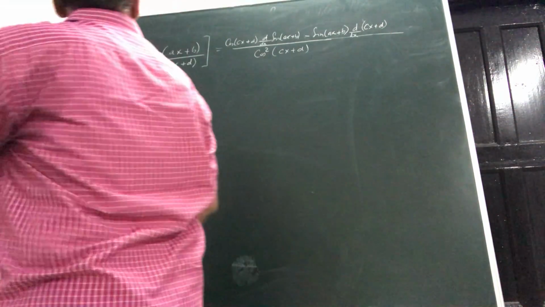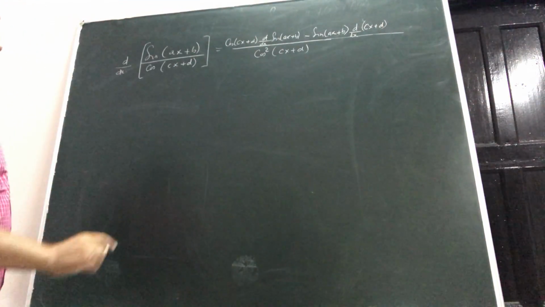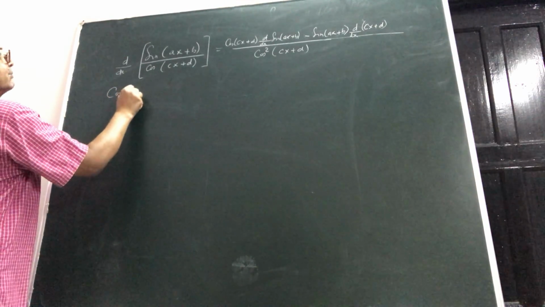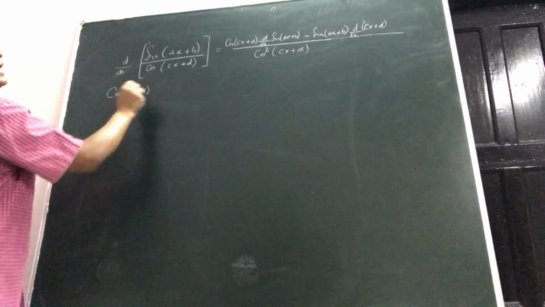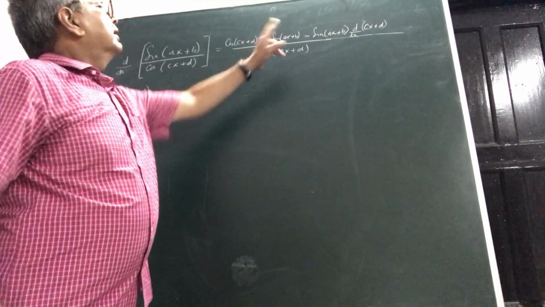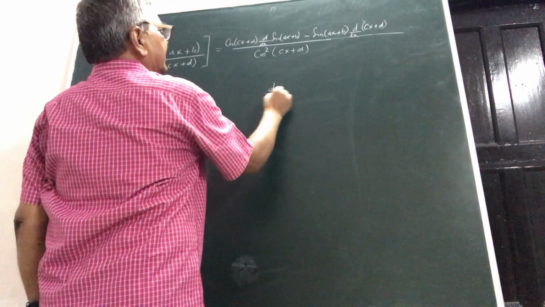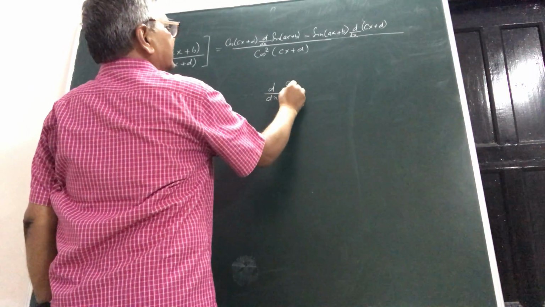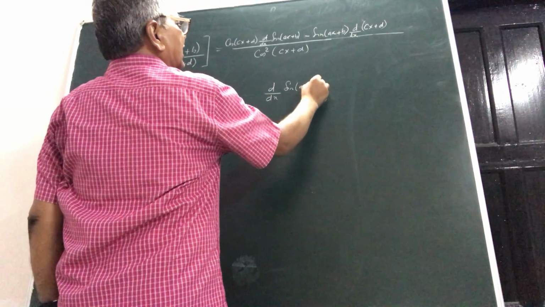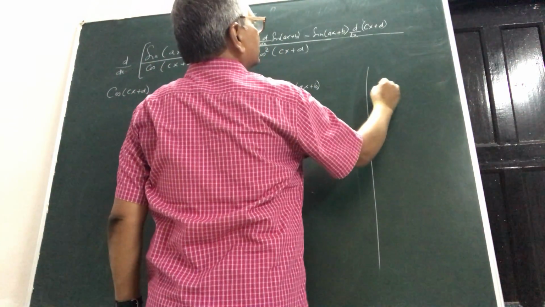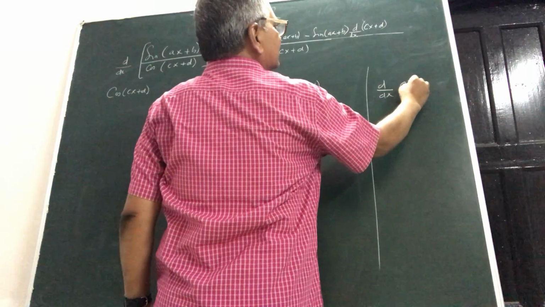Okay. So you have come to this. So let us see what it becomes. Cos cx plus d, and the derivative of this we will find here, d by dx of sin ax plus b. And here we will find the derivative of the other function, that is cx plus d.